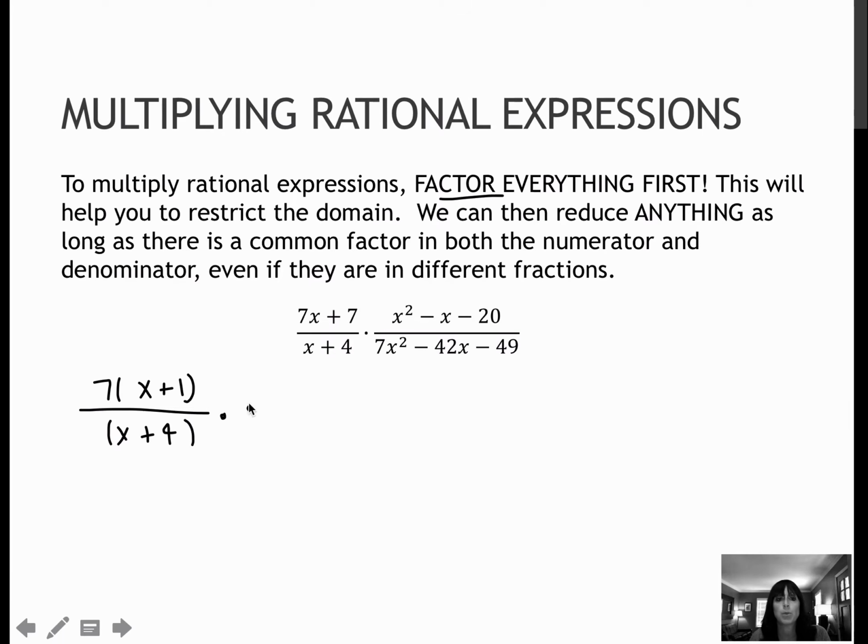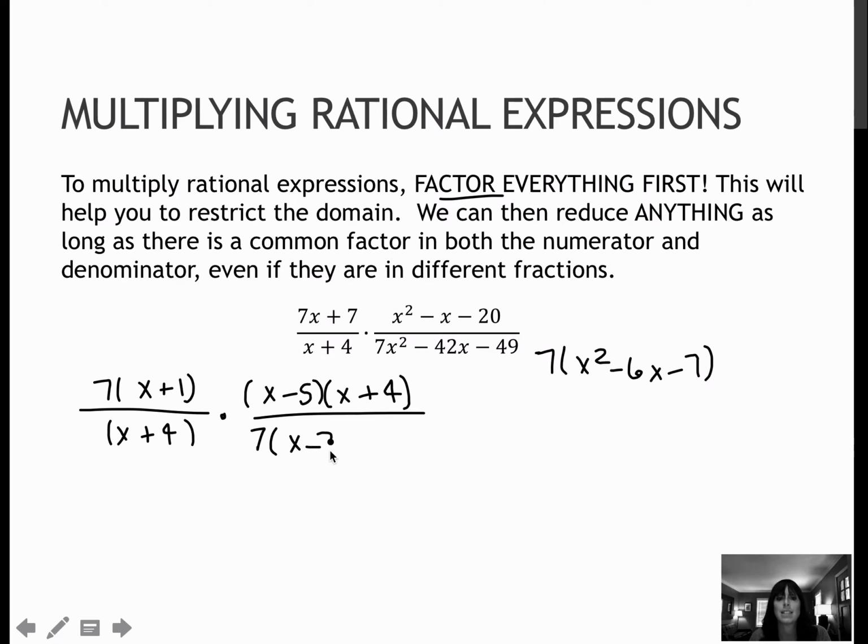My second numerator could be factored into x minus 5, x plus 4. And my second denominator, I'm going to take a 7 out first, which leaves me with x squared minus 6x minus 7, which would give me 7, and then x minus 7, x plus 1.